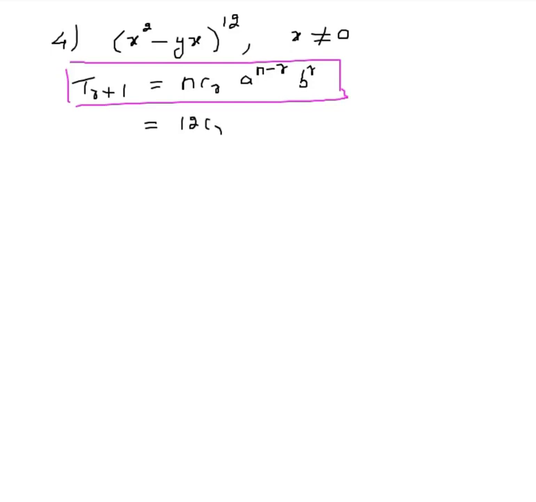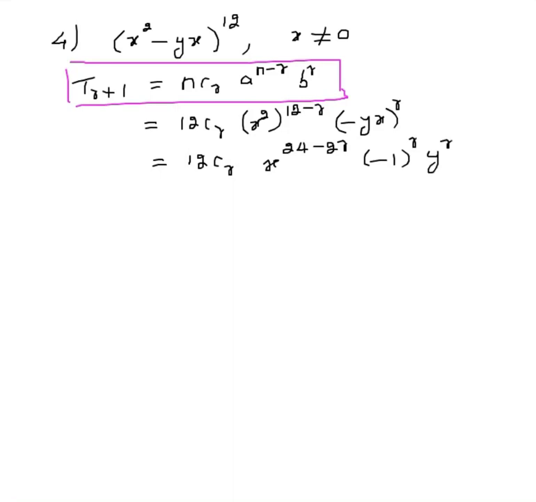N is 12, a is x square, so we get x square raised to 12 minus r. B is minus yx whole raised to r, which is 12Cr. X raised to, let us multiply the exponents, 24 minus 2r, and this becomes minus 1 raised to r, y raised to r, and x raised to r.